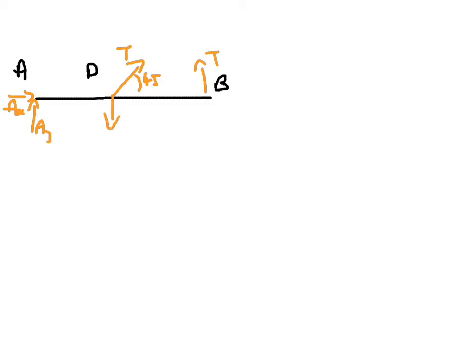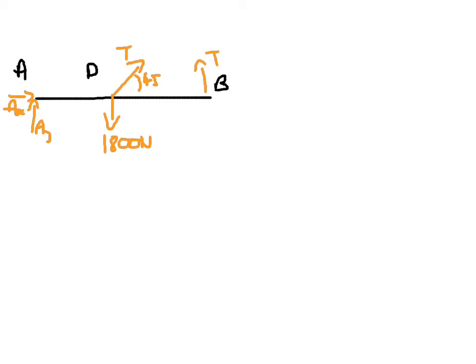With the distributed load, it's 300 newtons per metre, and it's 6 metres long, so we're going to have 1800 newtons acting downwards. And then what we need to do is start filling in some of these blanks.